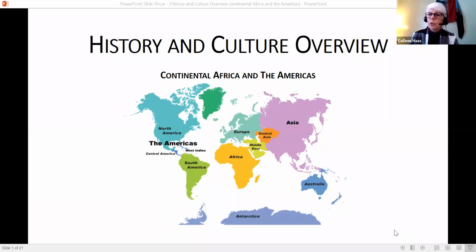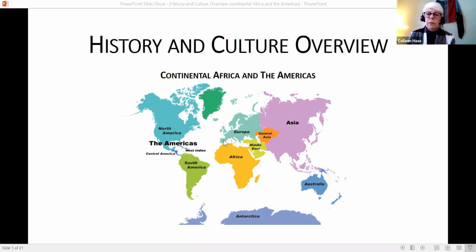Okay, let's begin. So this is our topic, History and Culture Overview, Continental Africa and the Americas. And you can see here the relationships geographically to these territories. Even though it's hard to see the scale of the distances, you can see that Europe is actually very close to Africa, and Spain and Portugal are practically touching.